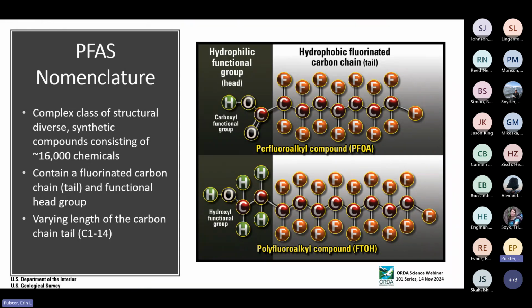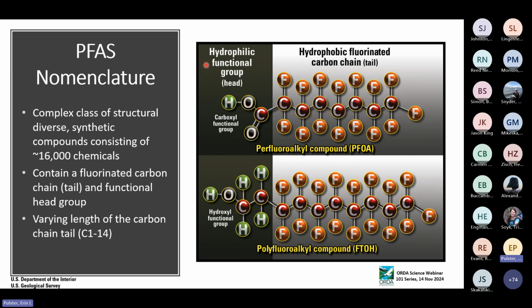So PFAS, they're a very complex class of man-made compounds that are structurally diverse, consisting of about 16,000 chemicals that either have explicit structures or do not. There's a lot of definitions to PFAS, but one of the main ones that is consistent is they all have basically a functional head group and a fluorinated tail.